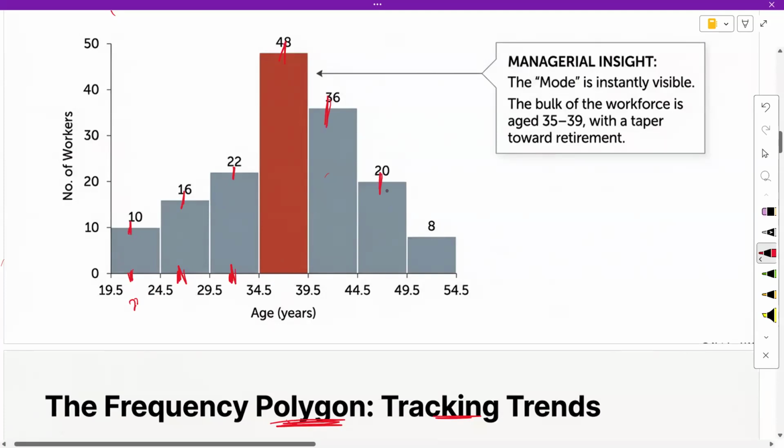And connect these points using your ruler.